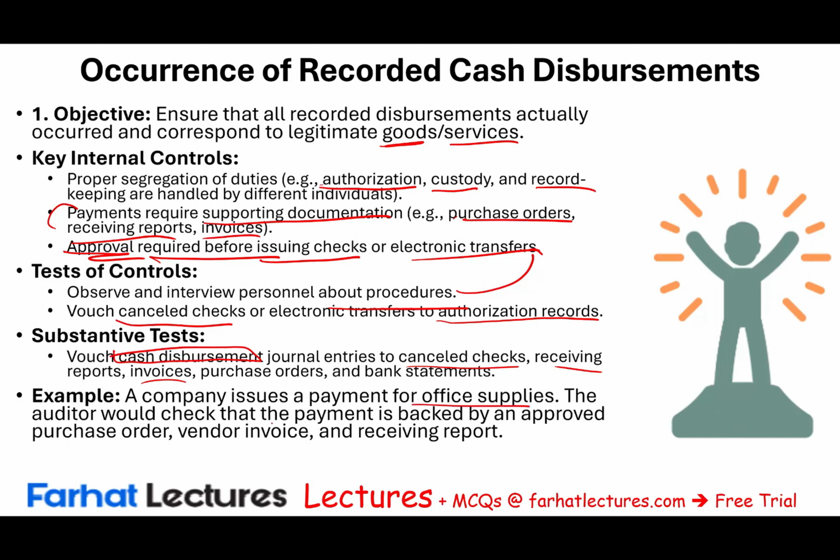The auditor would check that the payment is backed by an approved purchase order, a legitimate vendor invoice, and a legitimate receiving report. And sometimes, show me the product if we did not consume it yet. Show me the product that we buy, especially if we can identify it through some unique identifier. Let's assume it's a computer, a serial number. Well, I want to see that as well.